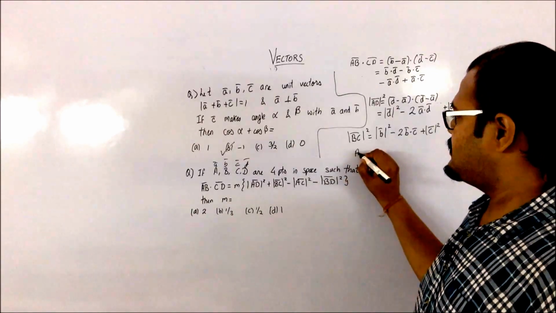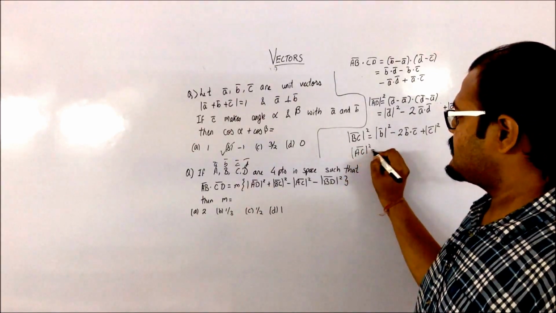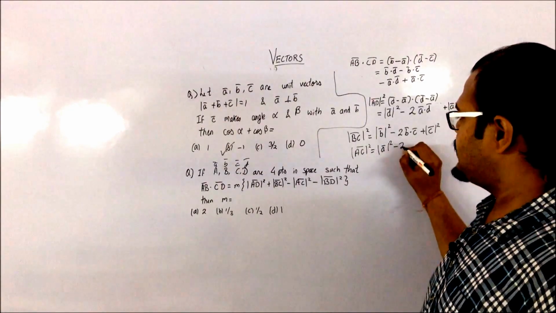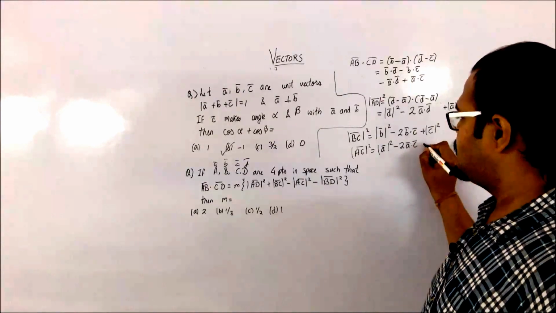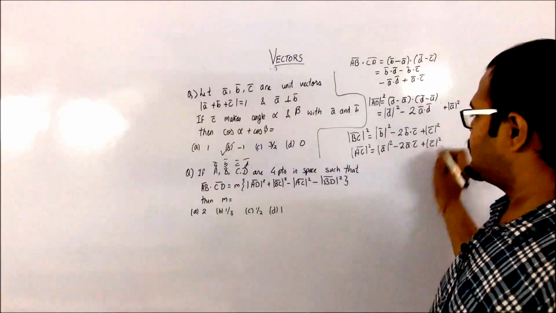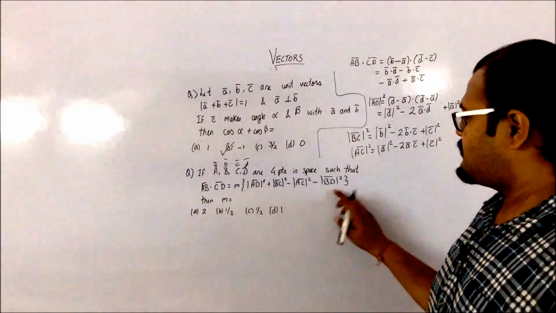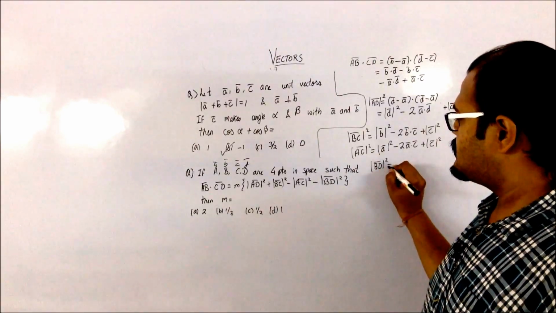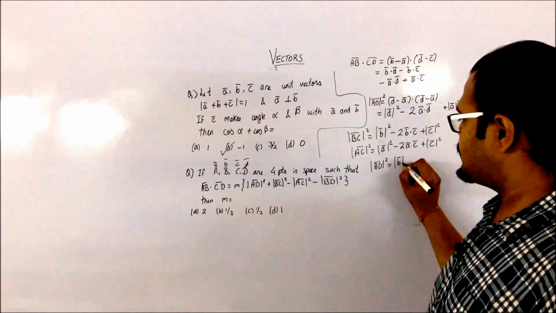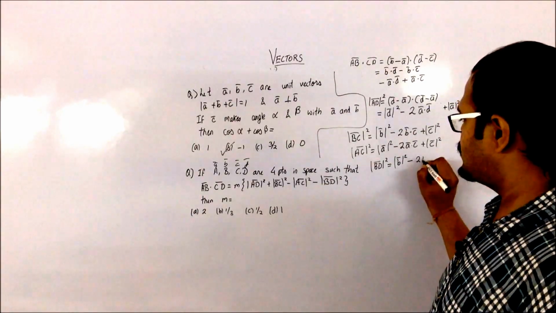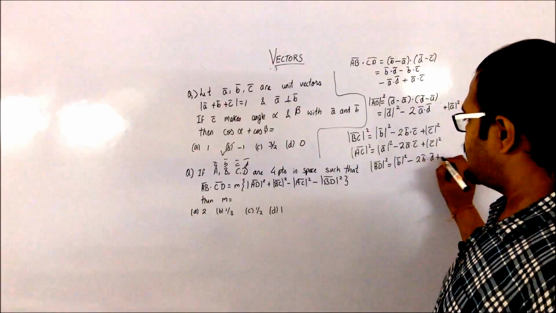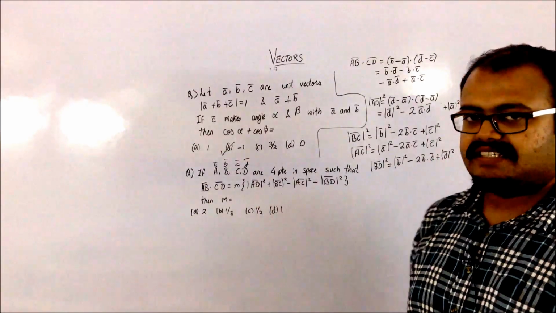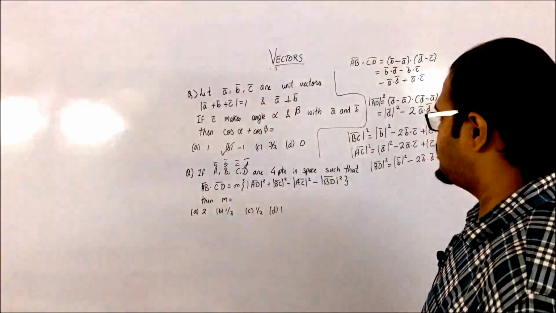Similarly for AC, it's going to be A bar's magnitude square minus 2 A bar C bar plus C bar's magnitude square. And finally BD will be B bar's magnitude square minus 2 B bar D bar plus D bar's magnitude square.